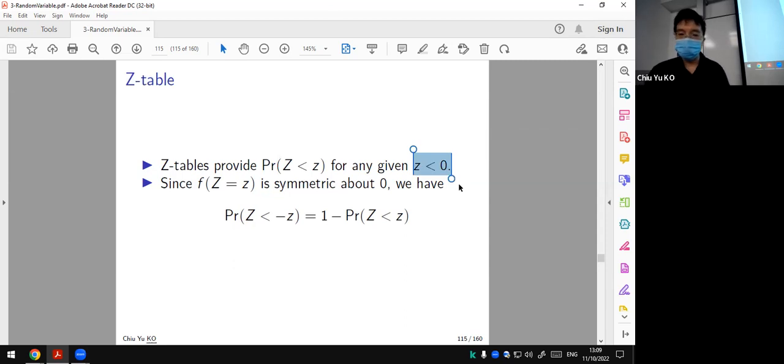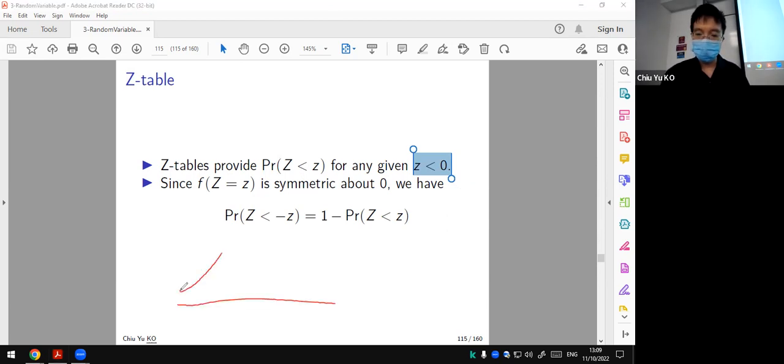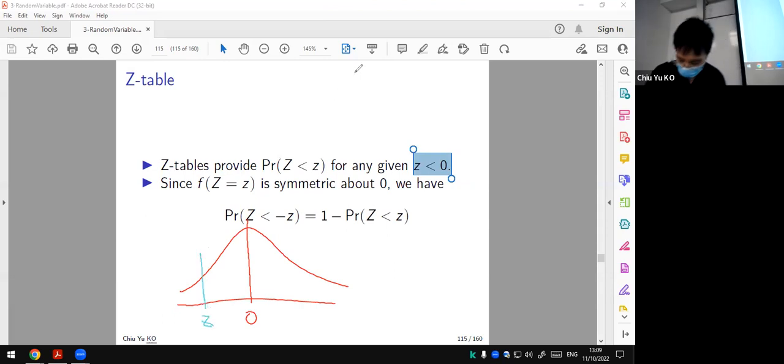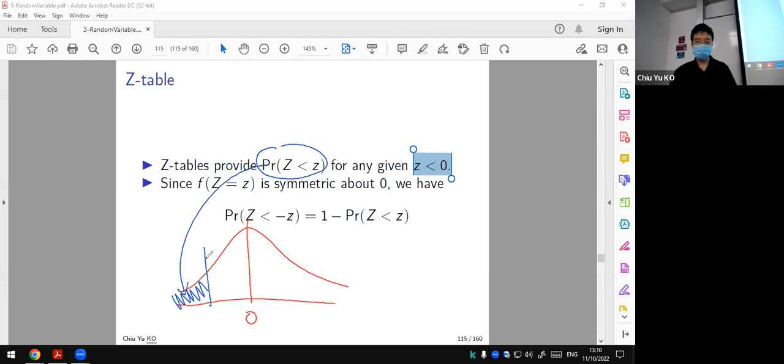So basically what the table would give you is about here, because standardized is centered at 0, right? So it's asking, this is negative, right? So basically it gives this number Z, maybe I use another color, darker blue, okay? This area, okay? This is what this number is. Usually this is the table they give you, right?